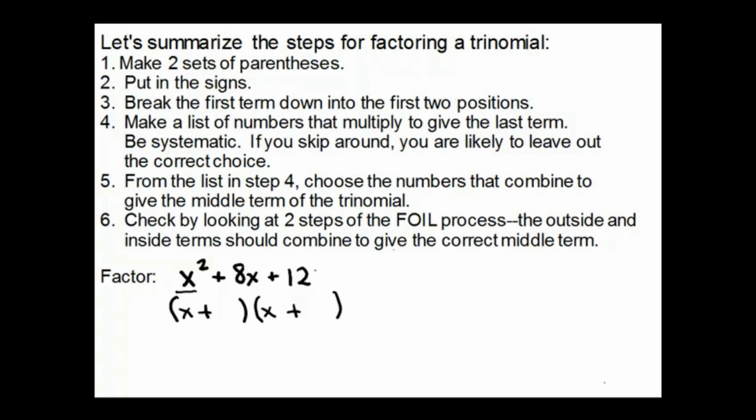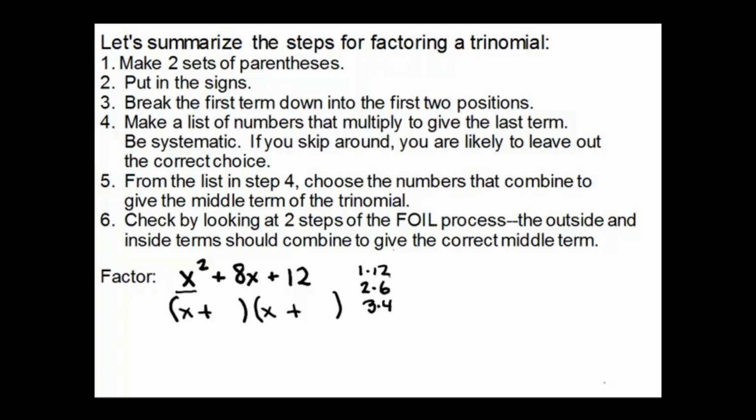Then we want to find things that multiply to give 12. We want to be systematic and make our list. So we could try 1 times 12, 2 times 6, or 3 times 4. It is not necessary to do both orders. 4 times 3 would give you the same as 3 times 4. And then we're going to look from this list and see how to combine to get an 8.